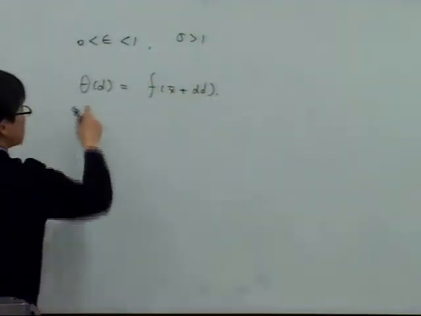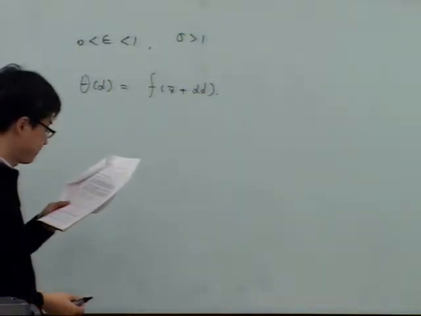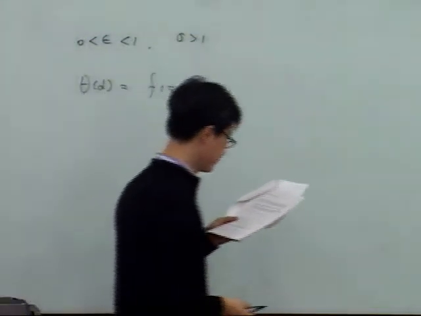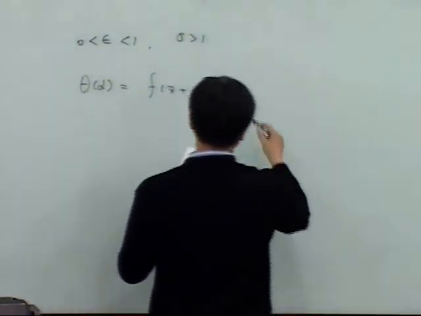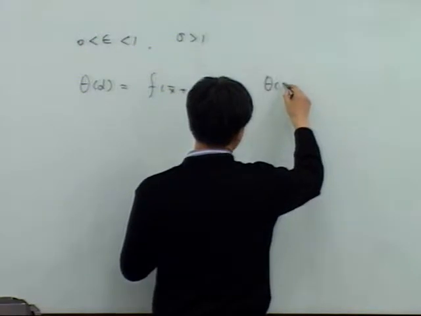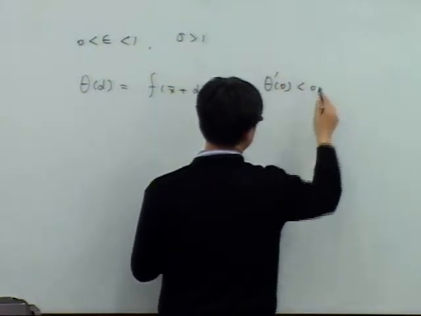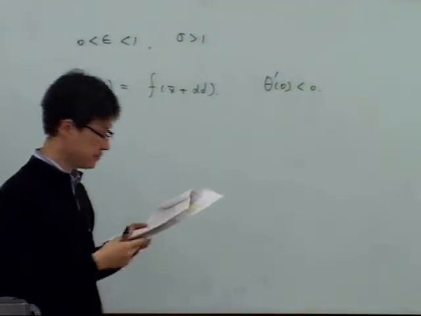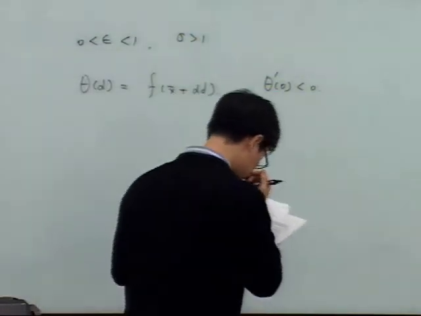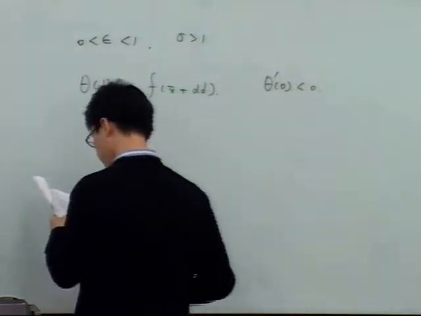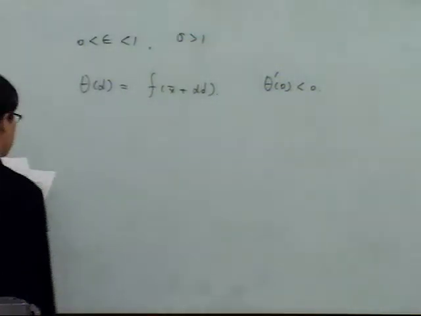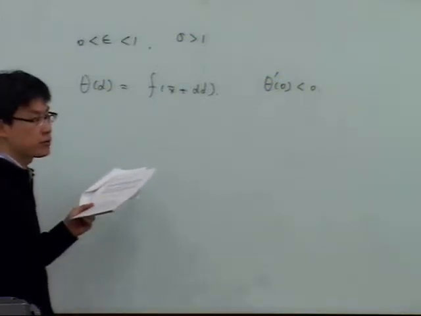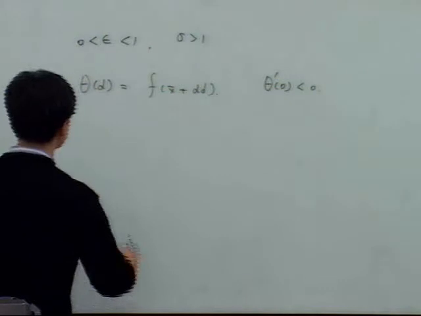We'd like to minimize zeta alpha. And we know that for every zeta, the derivative is always less than 0, because we are taking a descent direction. Then, now we introduce some inexact term.